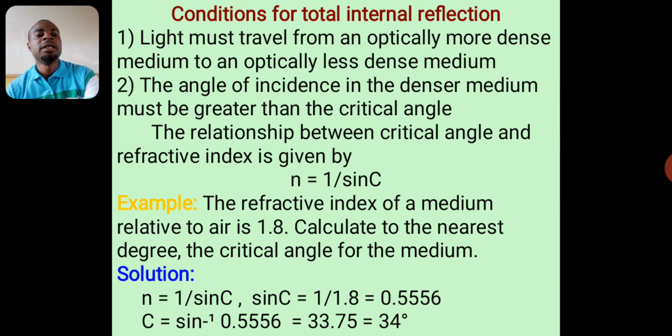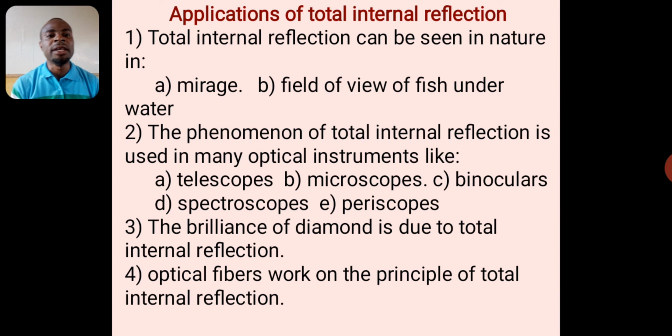Okay, the next thing we are going to look at is applications of total internal reflection. Number one, in nature, total internal reflection can be seen in a mirage. We're used to mirages.